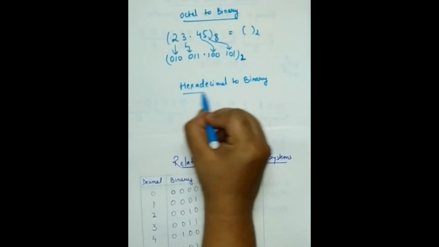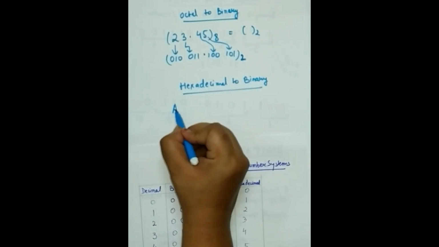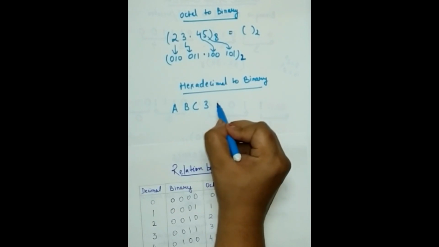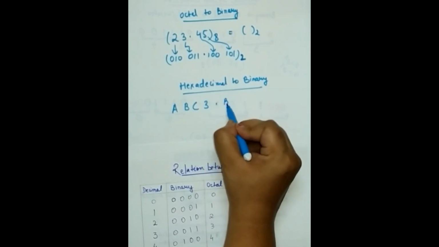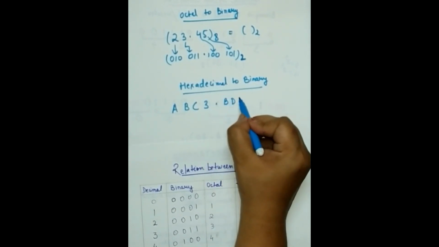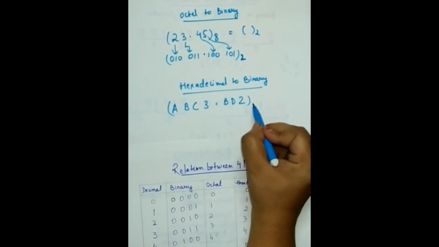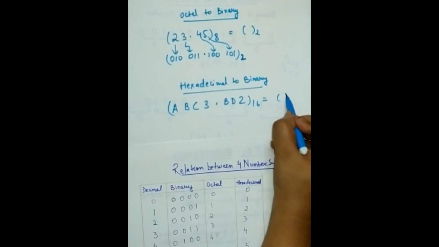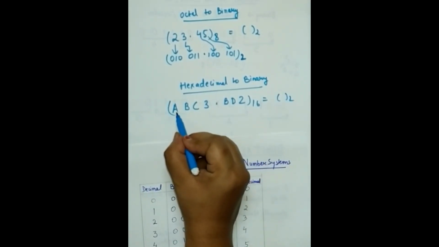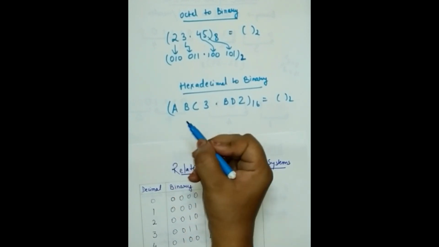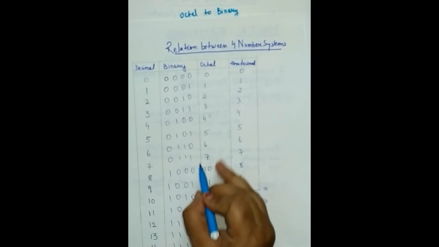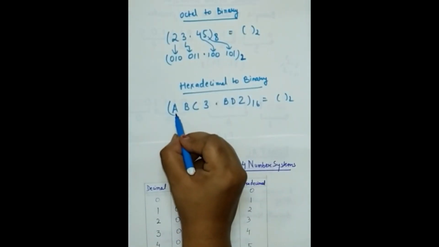Suppose my question is ABC3.BD2 to the base 16, you have to convert it into base 2. Again you convert this A into binary in 4 bits. A equals to how much? 1010.